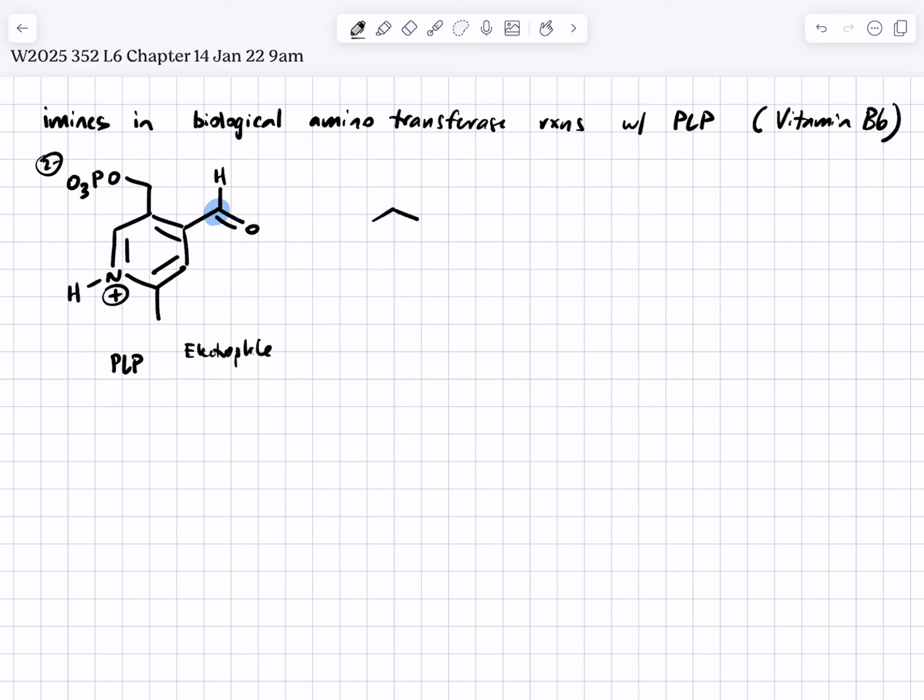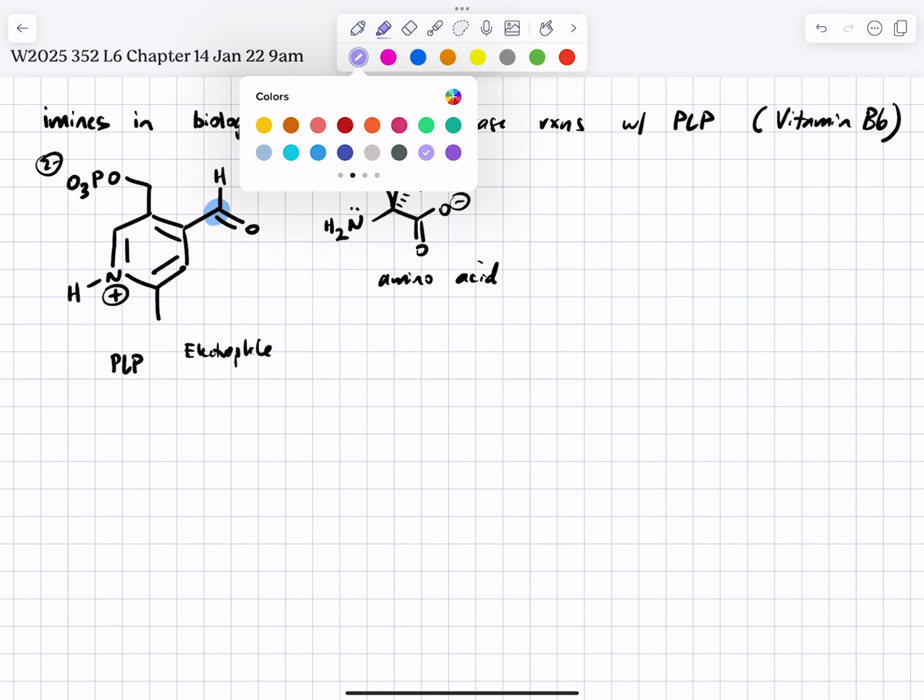So the amino group is often an amino group from an amino acid. So here is one of the amino acids. And the nitrogen that's going to act as the nucleophile is this one.